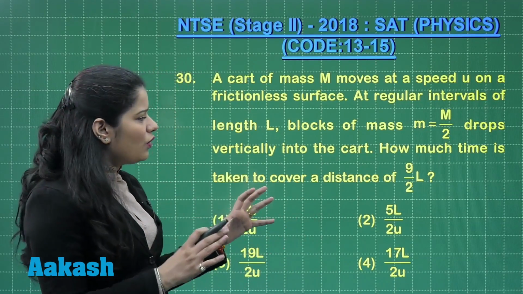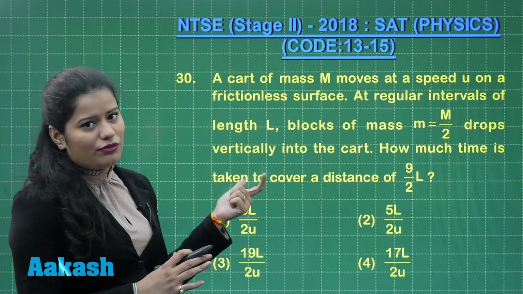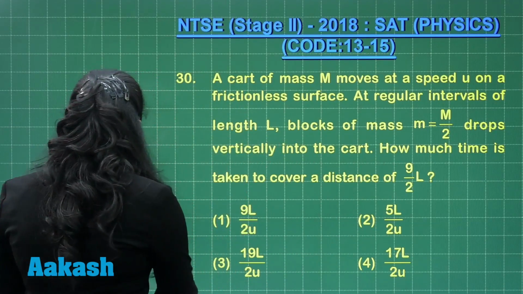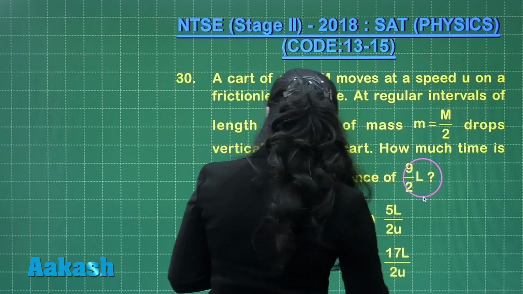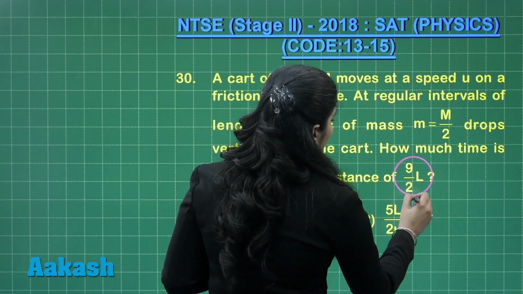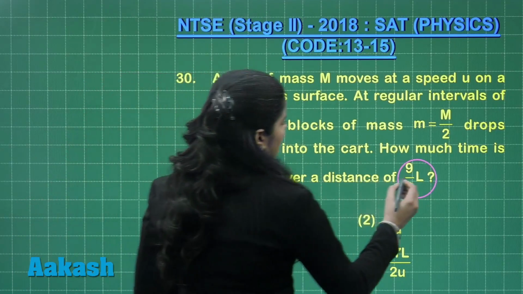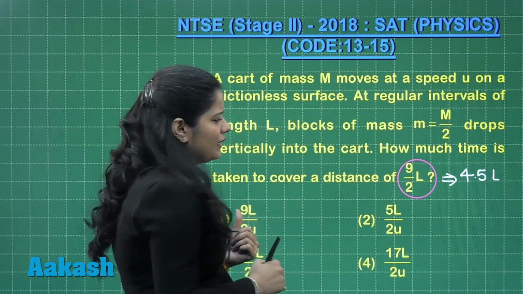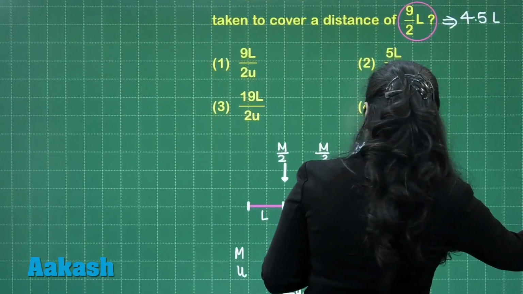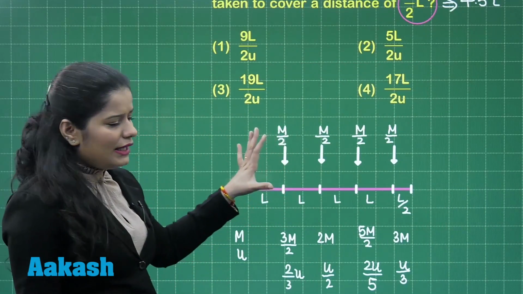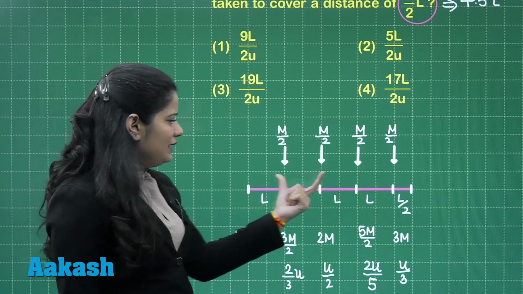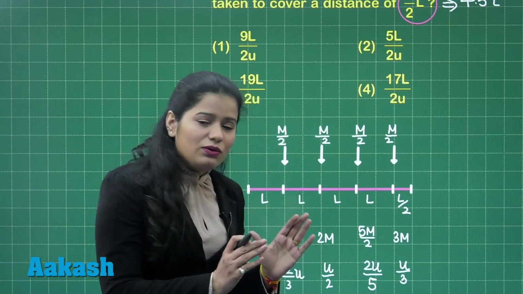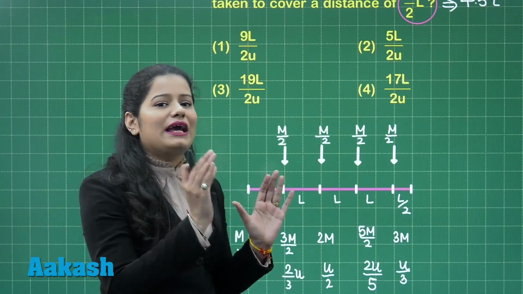So basically this question talks about how many regular intervals of length L. If you just divide this distance by the interval length, you will get 4.5 intervals of length L. Now to solve this, I have divided this line into equal intervals of length L. We need to find the time taken to travel a distance of 9L by 2.